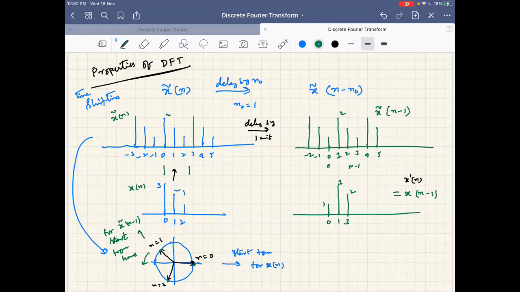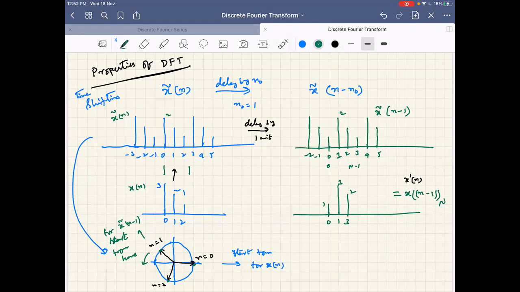For n equal to 0, we will have minus 1, but the sample comes from the corresponding sample in the previous period, that means N minus 1. This operation is referred to as the modulo operation.